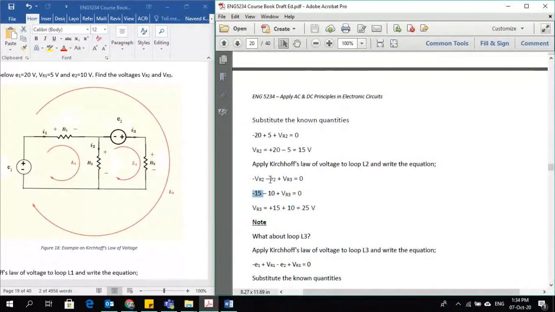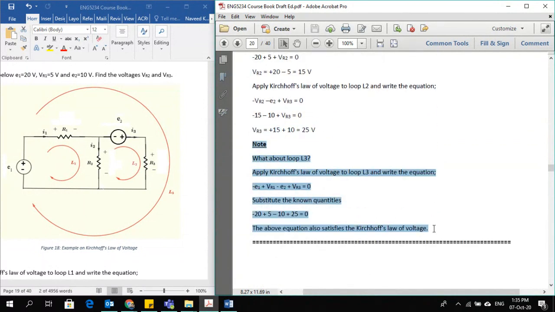E2 is 10 volts, so I put 10, and VR3 we don't know, so just write VR3. Solve the equation and you find the voltage as 25 volts. So that's how we have found both VR2 and VR3, both the voltages.